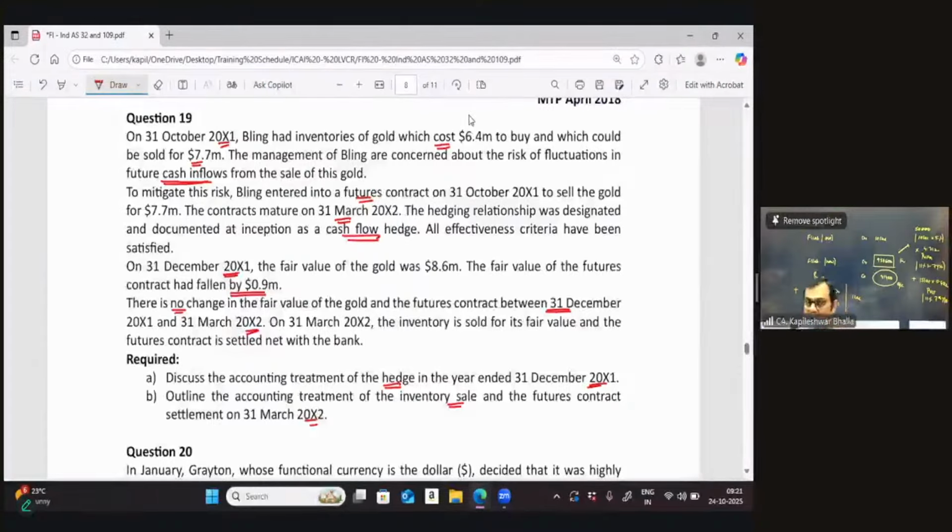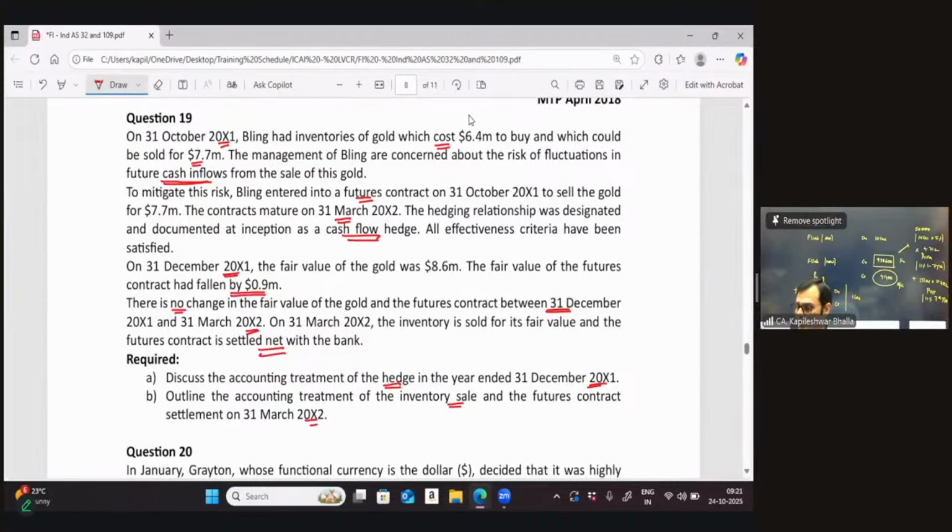On 31st March X2, inventory is sold at fair value and the futures contract is settled net with the bank. Let's quickly have a look at the data before we start solving this question.